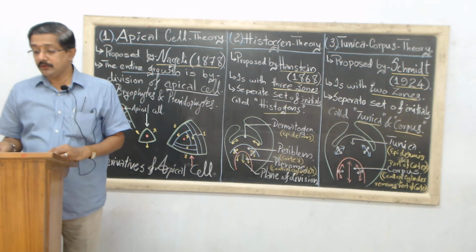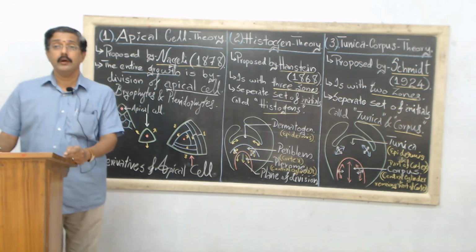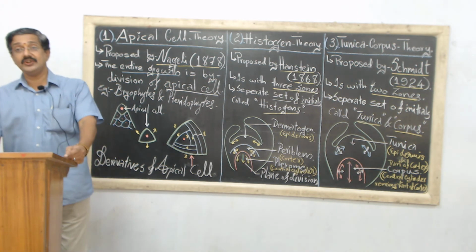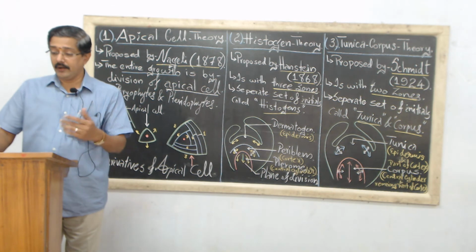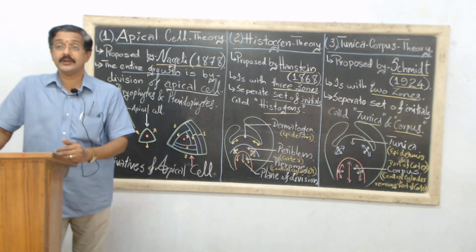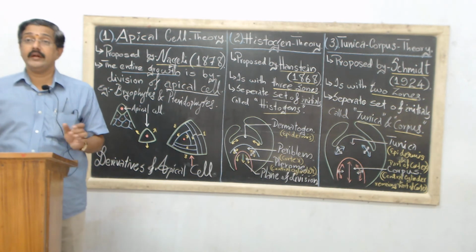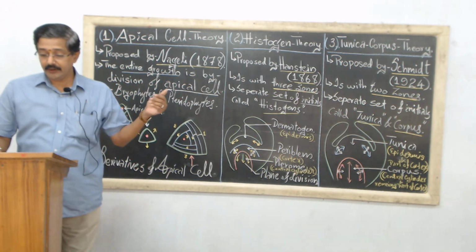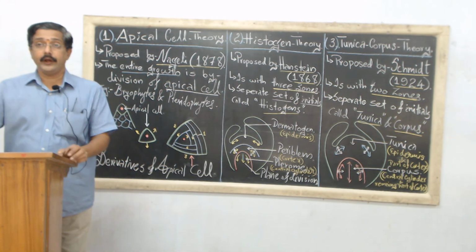There are two more theories not included in your syllabus, such as the histogenic layer theory and another theory named the new initial and meristem D theory. So, you will study the three theories proposed for organization of shoot apex. Okay, thank you.